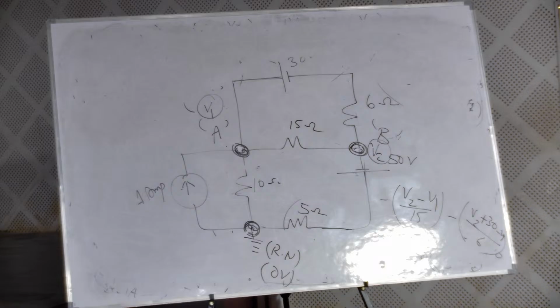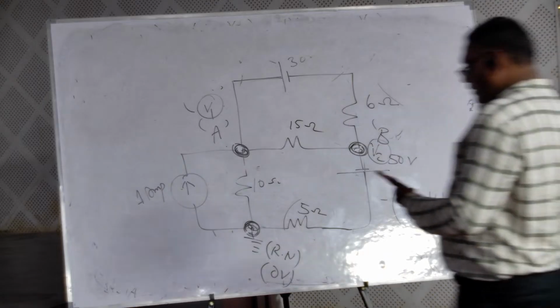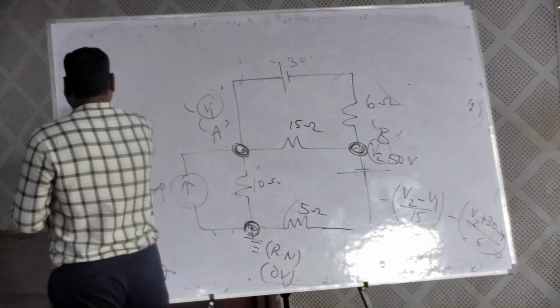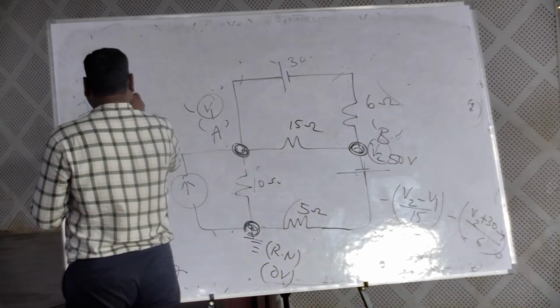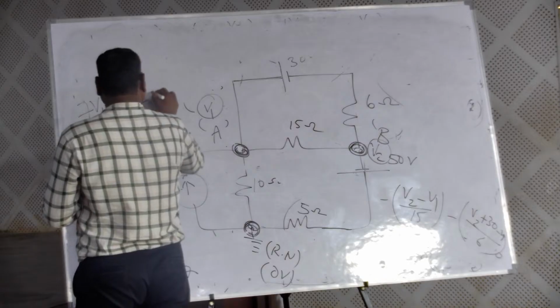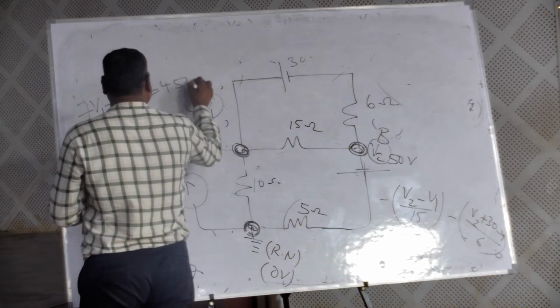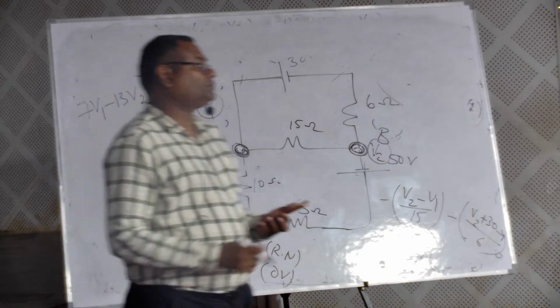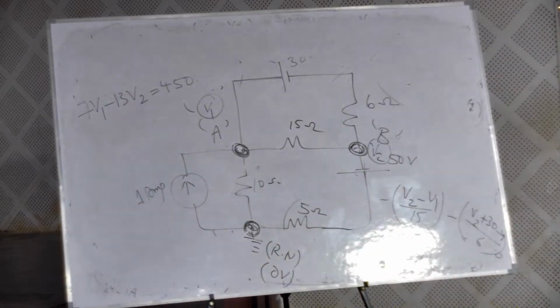What is the answer? 7V1 minus 13V2 is equal to 450. Did you get it? Equation 2.